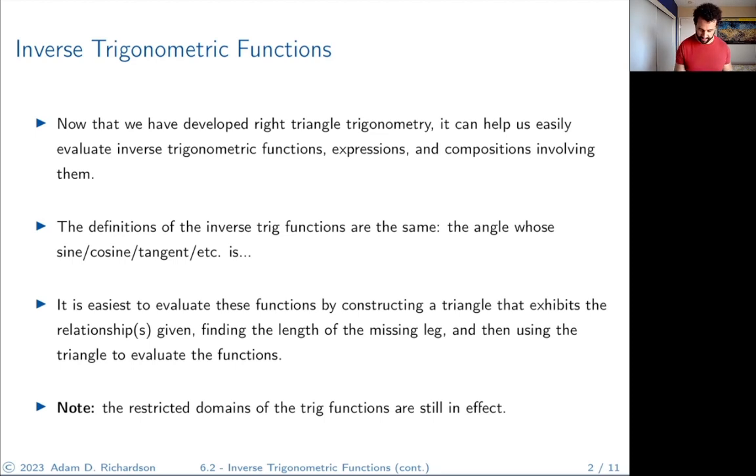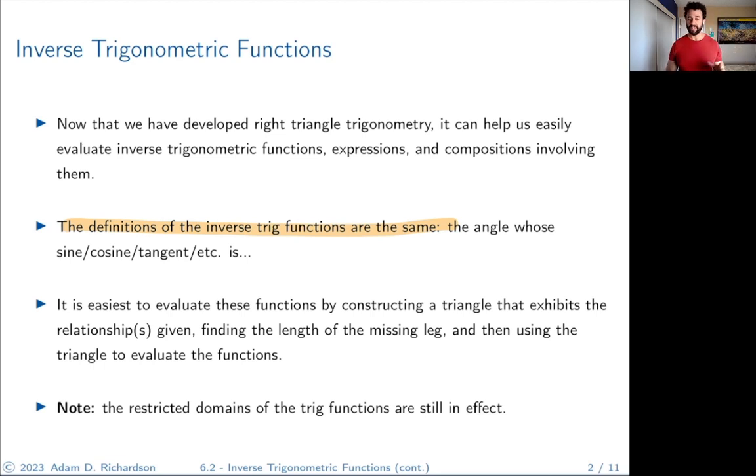So one thing to keep in mind here is that the definitions of the inverse trig functions are still the same. If you go back and look at that section again, 6.1, we introduced these as being the angle whose sine is this or whose cosine is this, et cetera. So that's the question that you want to say in your head every time.